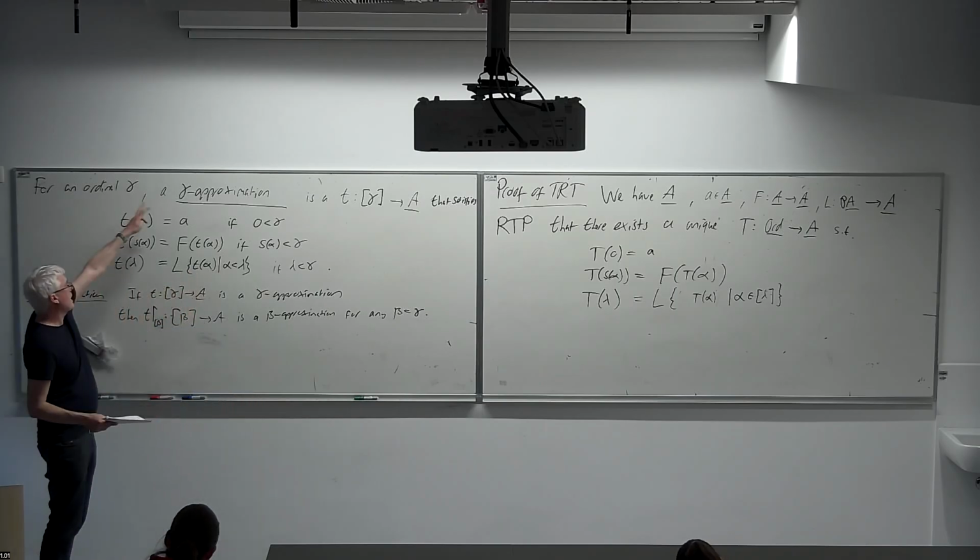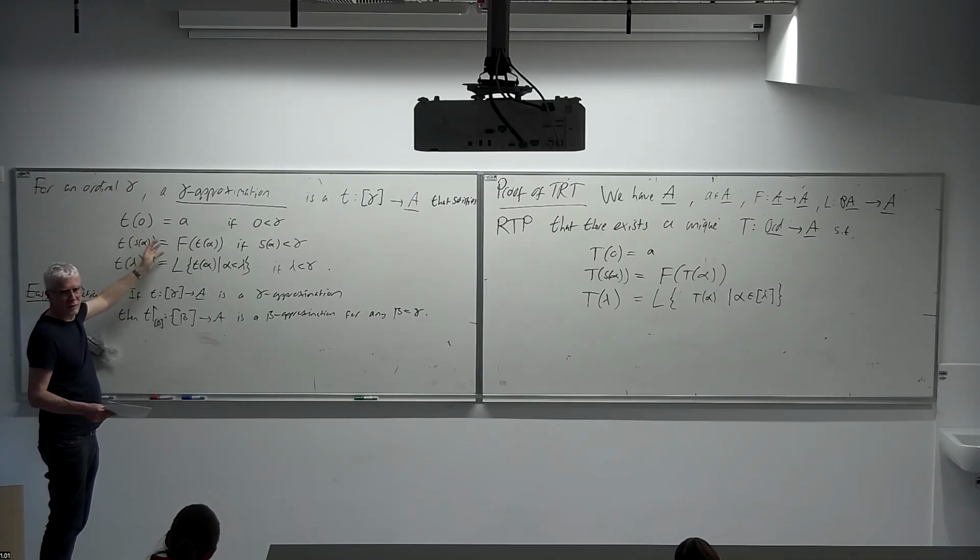So when you've got a gamma approximation, initial segments of it remain approximations for the relevant ordinals.